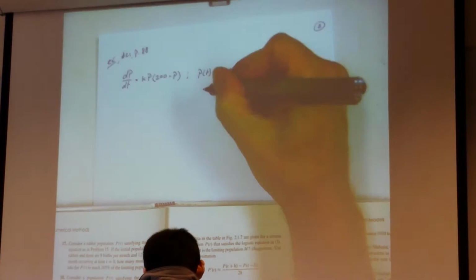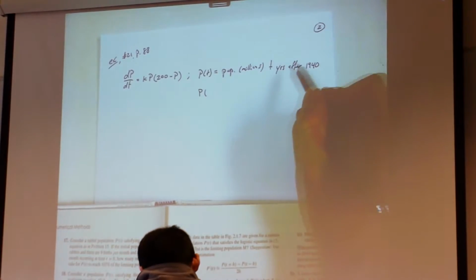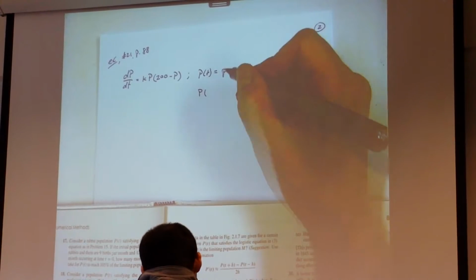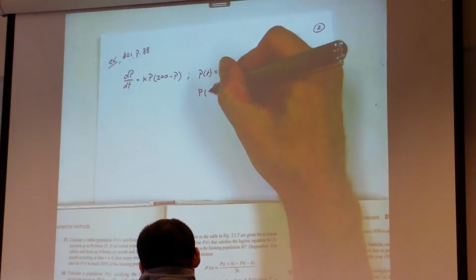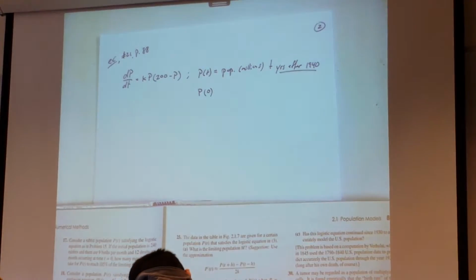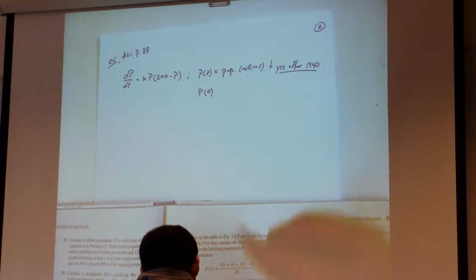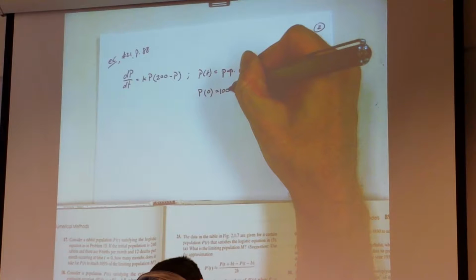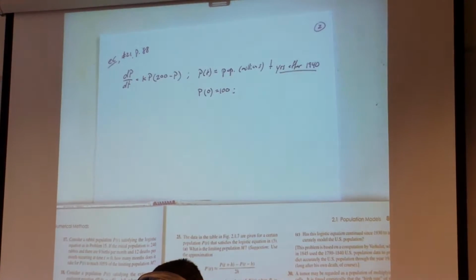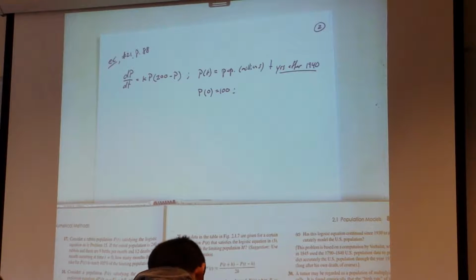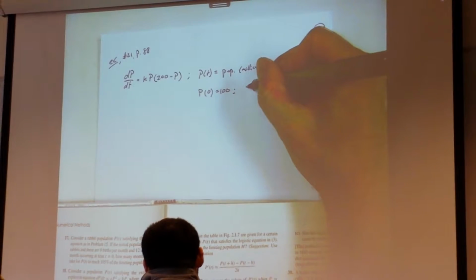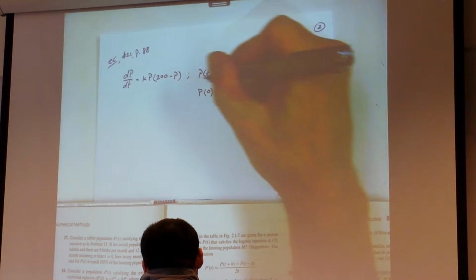So we got this. And if t tracks years after 1940, then 1940 corresponds to t equals 0. Population in 1940 was 100 million. And it also said it was then growing at a rate of 1 million per year. That's a statement about the growth rate.